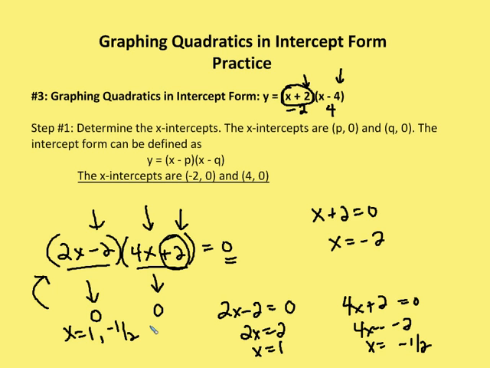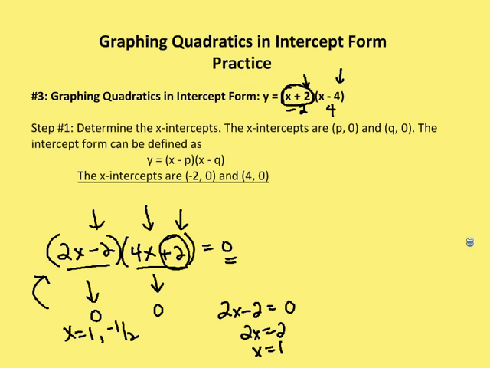These are the values of x that make the equation true, or that occur when y is equal to 0 and the graph crosses the x-axis. So all we're doing is finding the values where the graph crosses the x-axis by setting both of the factors equal to 0.